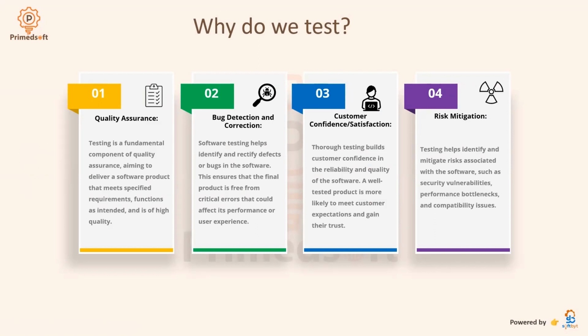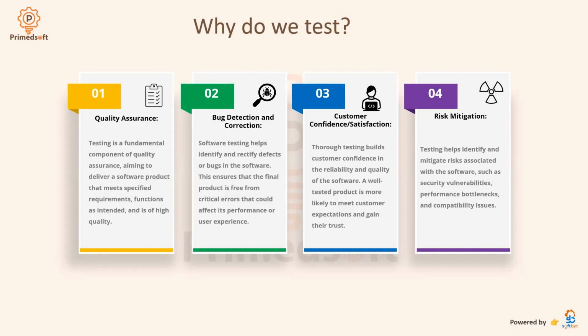Testing is a fundamental component of quality assurance. You cannot assure that a particular piece of software has met its expected results without actually testing it. And when you have tested, you can now assure that the quality of the software has been met. It's very simple and straightforward.